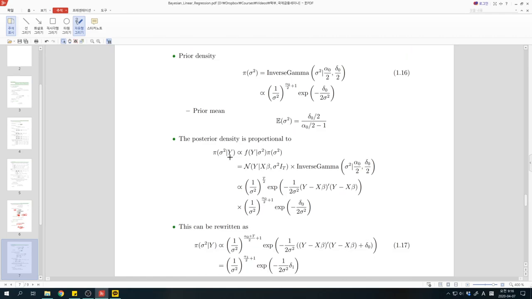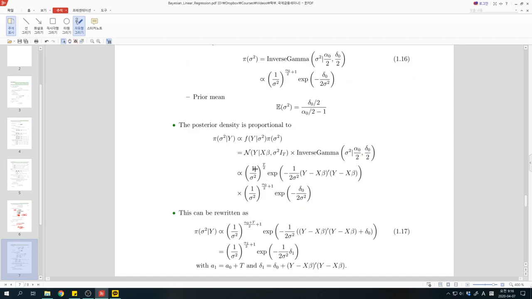Here we know the functional form of the likelihood. This is just the multivariate normal density, and then this is the inverse gamma density. This is the kernel of the normal density of y, and this is the kernel of the inverse gamma density of sigma square. Here you can see the 1 over sigma square, and another 1 over sigma square, and here is an exponential function, and here is another exponential function.